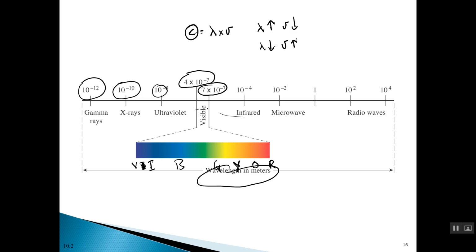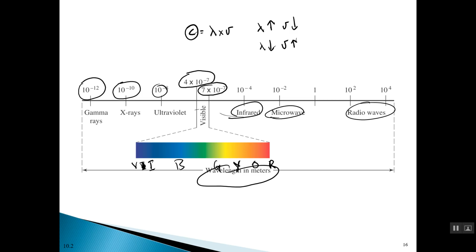So after we get past the visible range, then you have the infrared, which is just outside the red region of the visible spectrum. Then we have microwave, and then we have the radio waves. All right, so that's basically the full electromagnetic spectrum of all the different forms of radiation that are in this particular table or chart, put in order of increasing wavelength.